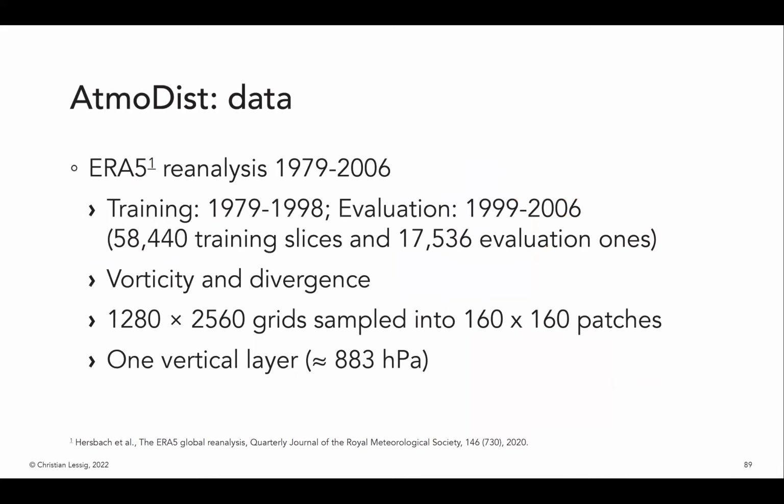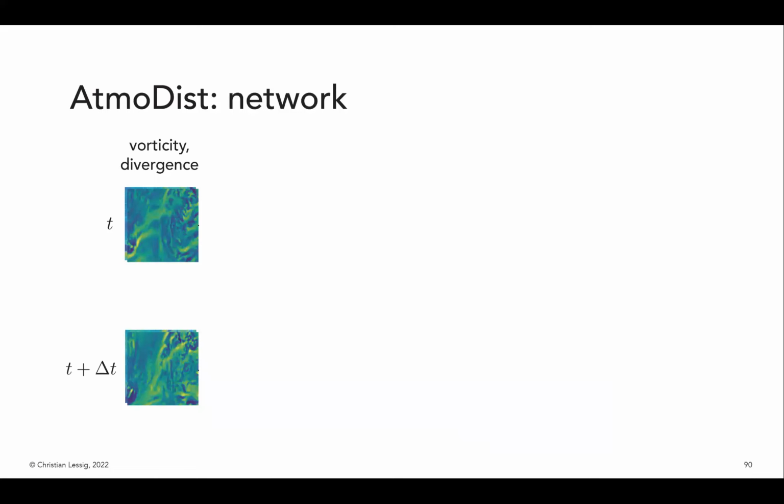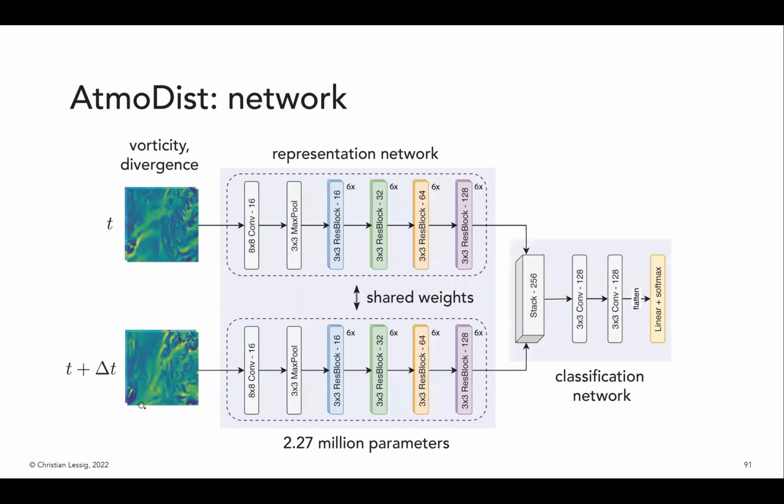And we trained this on ERA 5 reanalysis. Since I will go a little bit faster, we just use standard ERA 5 reanalysis on one vertical layer. And we fed it to a standard ResNet, a very standard convolutional network, with 2.2 million parameters.